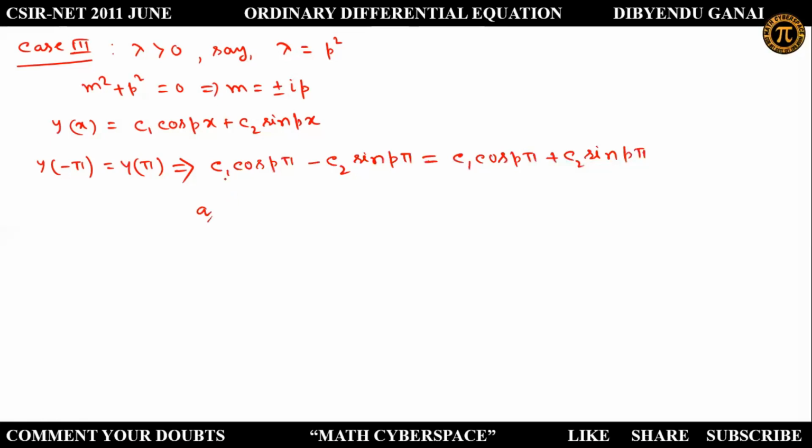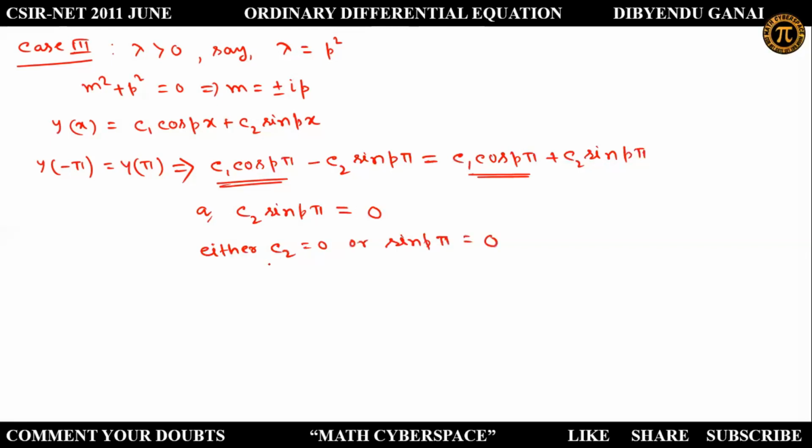So from here c1 cos p pi from both sides cancels out, and we get c2 sin p pi equals 0. From here we get either c2 equals 0 or sin p pi equals 0.